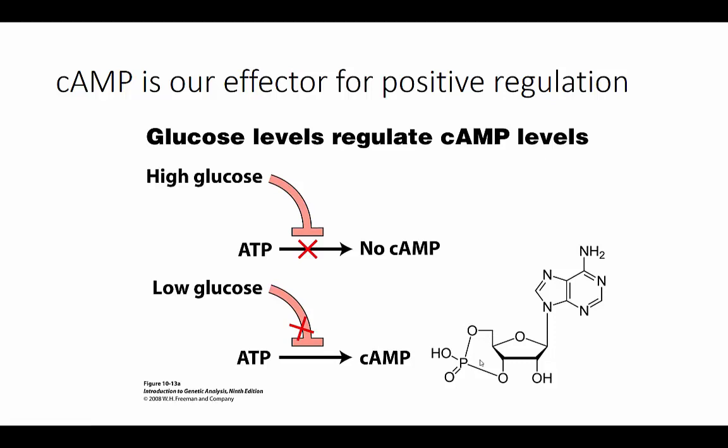We won't go into the details of why this is the case, but it turns out that cyclic AMP and glucose are oppositely regulated. So when glucose is high, cAMP is low, and when glucose is low, cAMP is high. So it's opposite regulation. cAMP is going to be our cellular readout for the glucose levels in the environment.